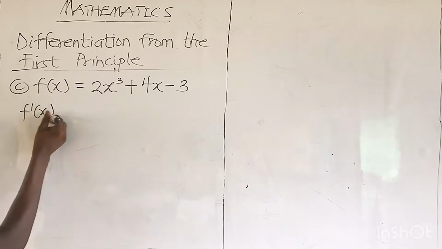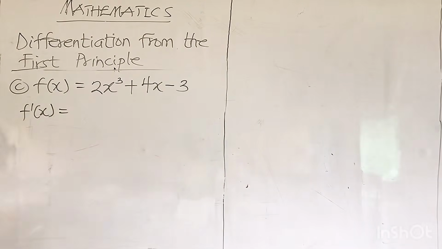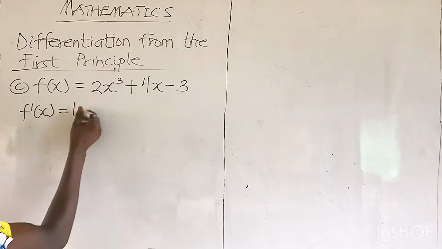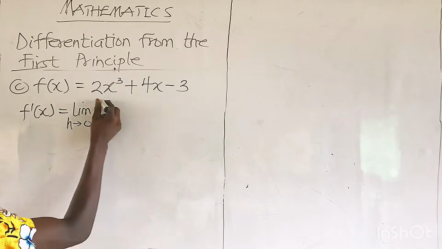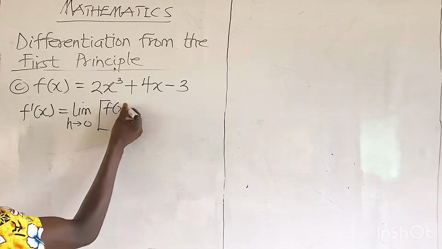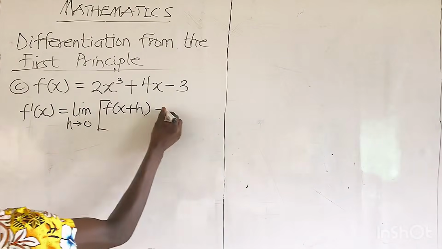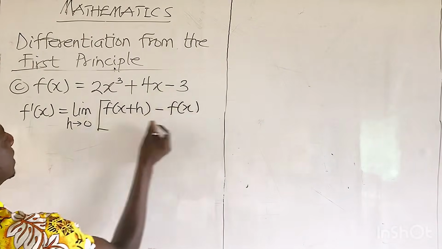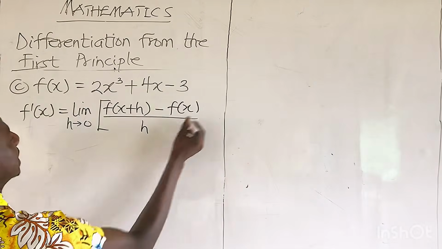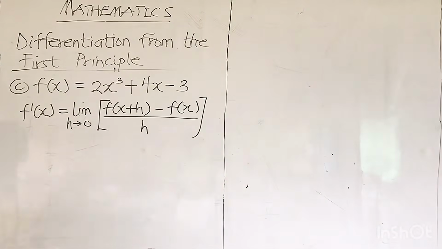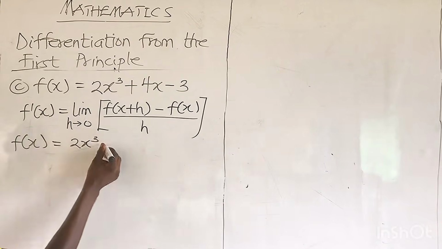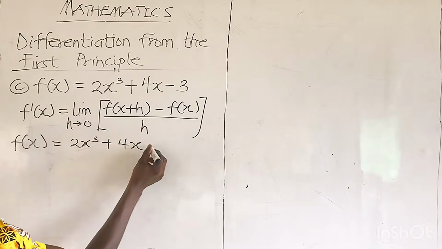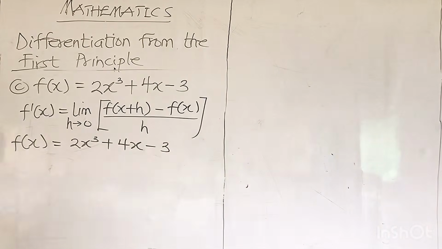So from the first principle, we have f prime of x equal to the limit as h approaches 0 in a big bracket f of x plus h minus f of x all over h. So I have f of x equal to 2x cubed plus 4x minus 3.